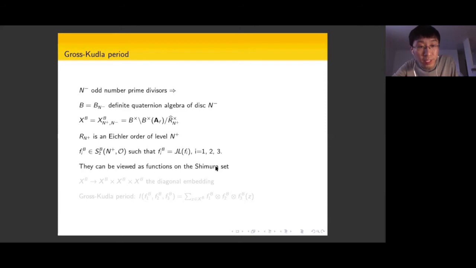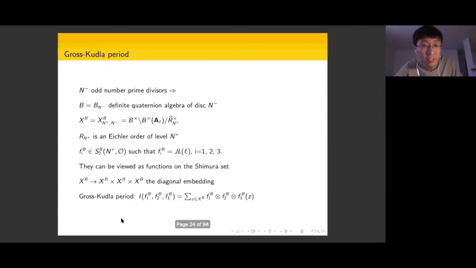Then we can consider the diagonal embedding of this Shimura set in the triple product of the Shimura set. Take the triple tensor product of these f_i^B and integrate along this diagonal embedding.